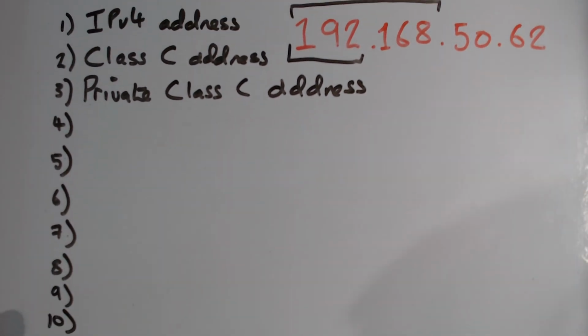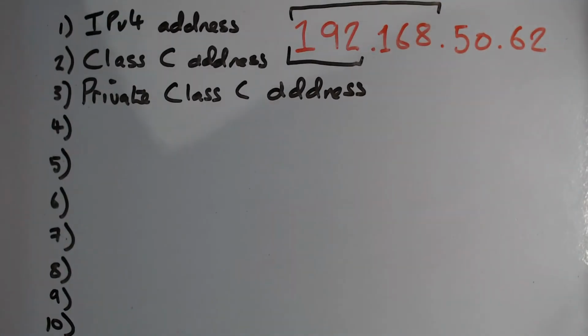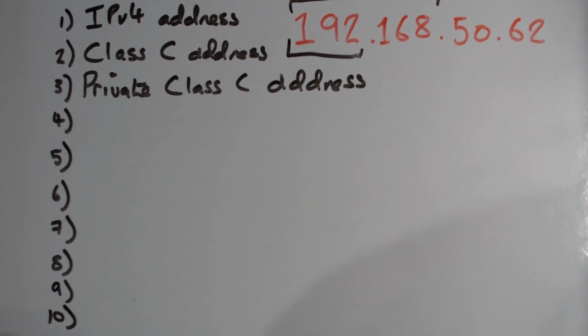What else can we say about it? Pretty much nothing without the use of the subnet mask. So I'm going to call that video an end, and we'll come back in part 2 where we'll see what else we can find out about that IP address with its subnet mask.